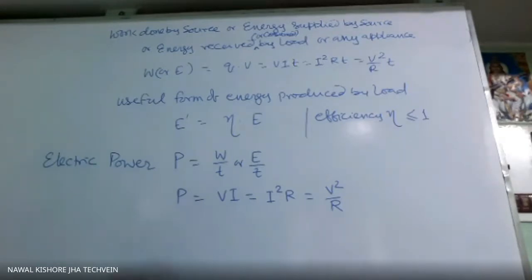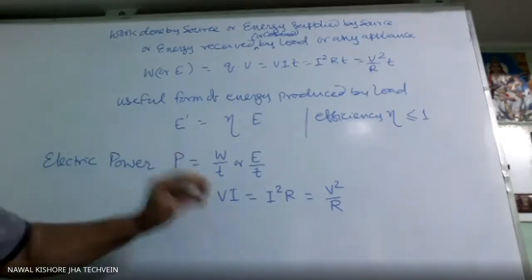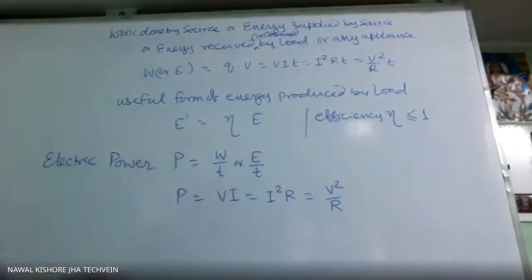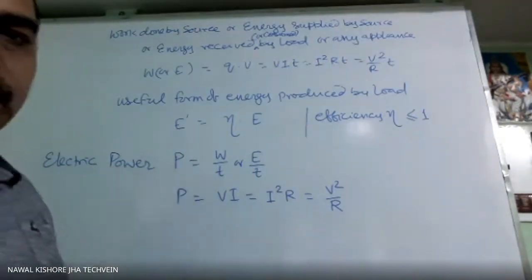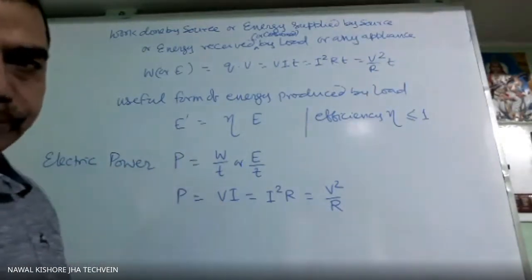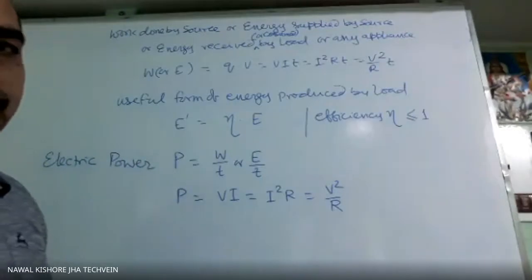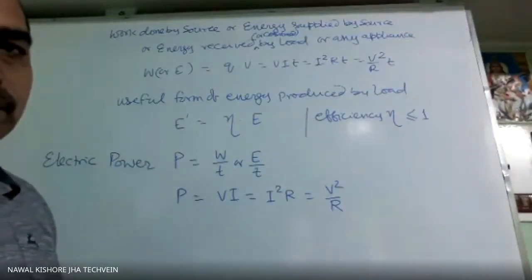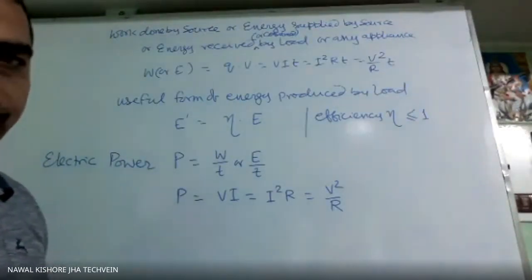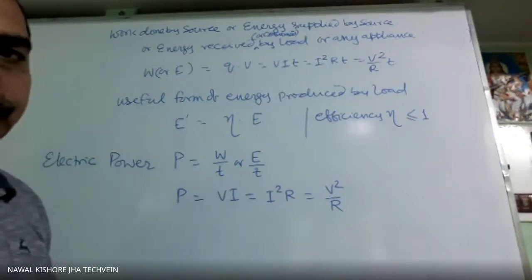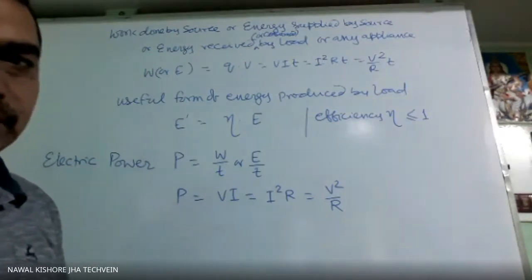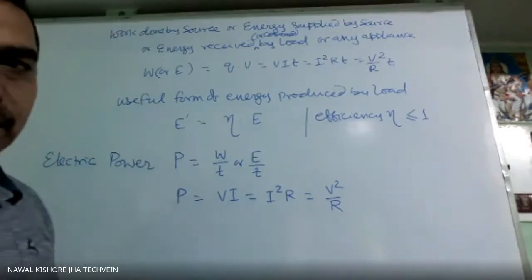Power of appliance, we say how much electric energy is consumed by it; how much energy is produced by it, that is not the power. If we are using a pump of 1 kilowatt, that means it is consuming 1 kilojoule energy in 1 second. How much it is producing, that is not given by the manufacturer. They will never say how much will be the useful energy.